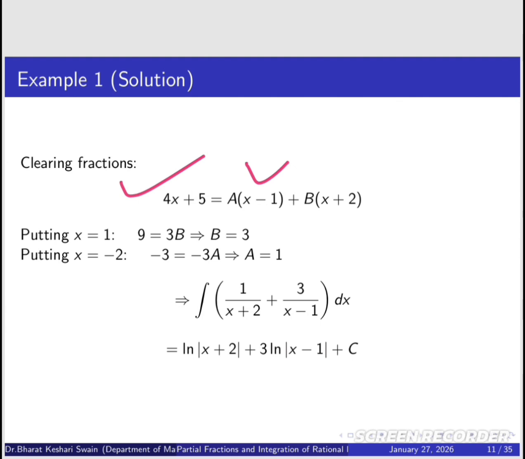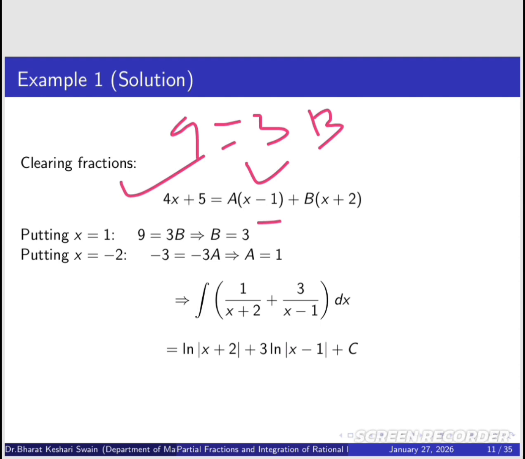In everywhere just put x equal to 1, because it's an equation, it will be equal for all x. So in your left hand side it will be 4 into 1 plus 5, that is 9, equal to, on the right hand side, 3B. So the value of B equals 3.